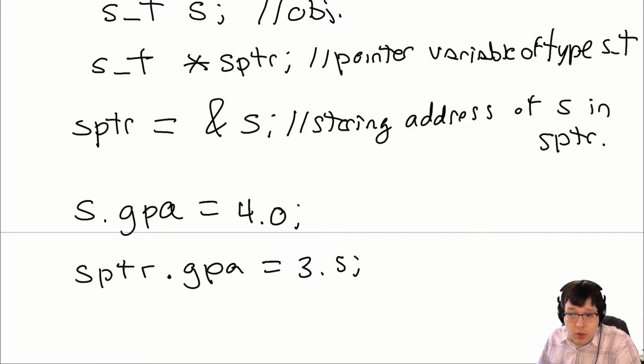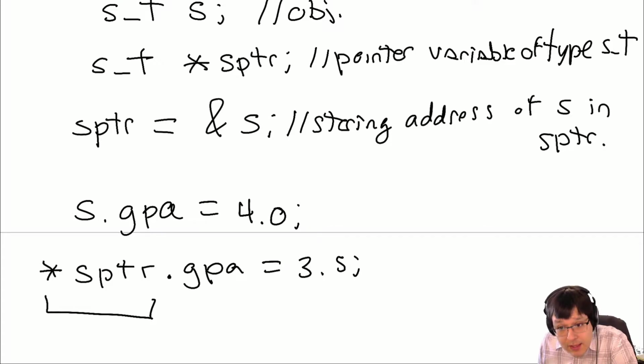And so what you need to do is dereference that pointer, because remember, the pointer is just an address. If you want to get what you're pointing to, you've got to dereference it. So you got to add the asterisk here to dereference this address, and then once you basically have s, which is what we're pointing to, then go ahead and put the .gpa.